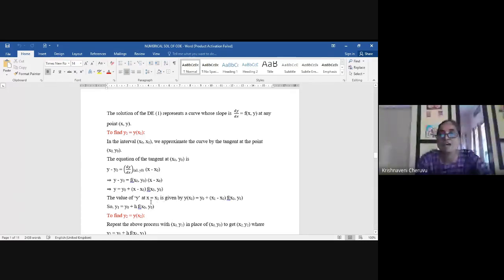Here if you put x is equal to x1, x1 minus x0 will become h. So y1 will be equal to y0 plus h f of x0 y0. So using this formula you get y1. What did I do? I started with x0, I got x1, and by using this you will get y1, where y1 is y at x1.